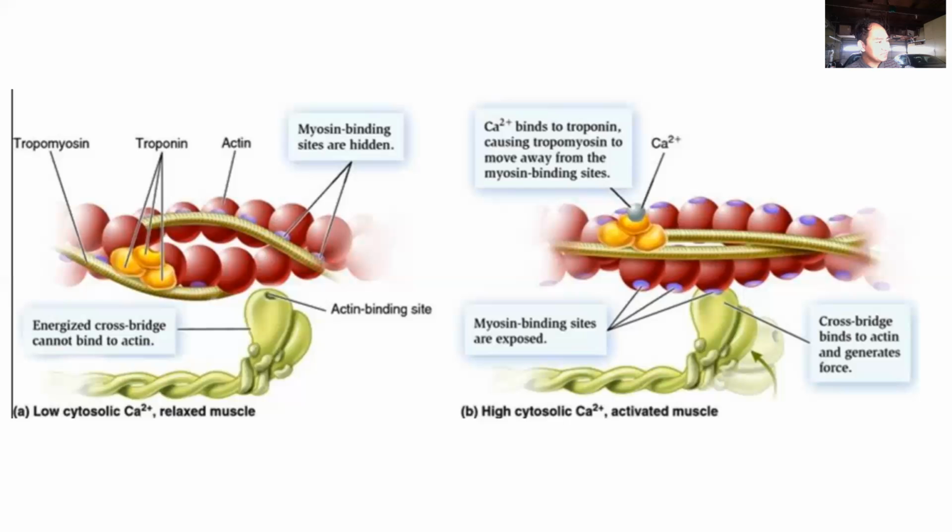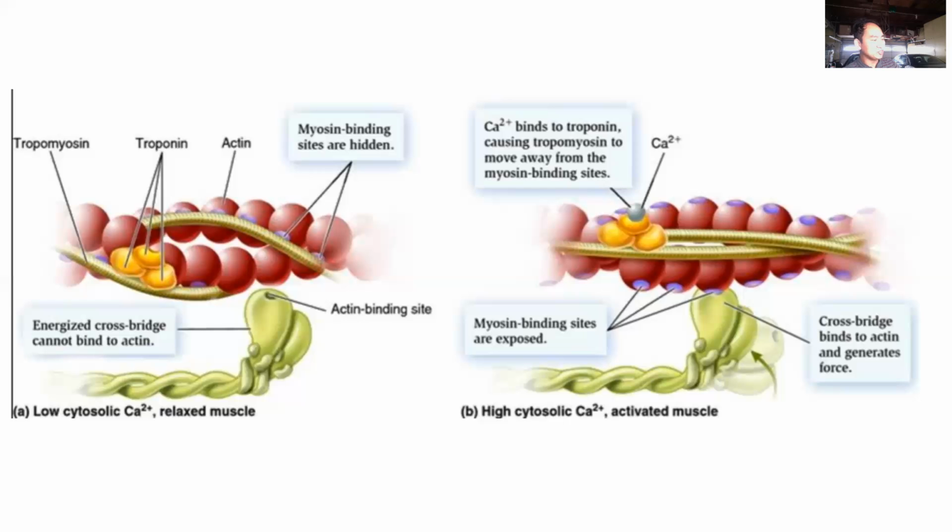When the calcium gets to the actin-myosin area, this calcium will bind to troponin. Once the calcium binds to the troponin, it will stimulate the nearby structure, which is tropomyosin. Then tropomyosin undergoes conformation changes, and because of that it moves away.